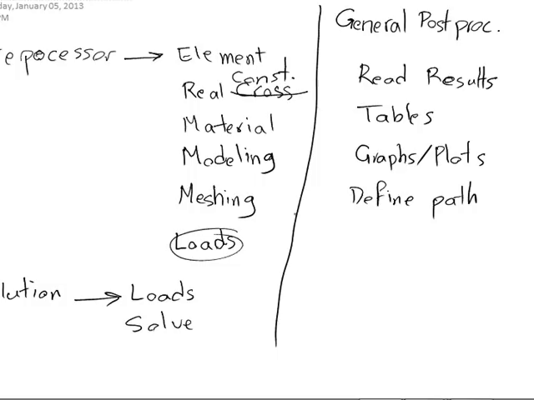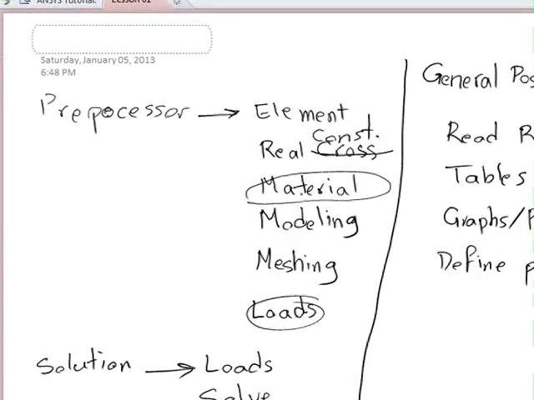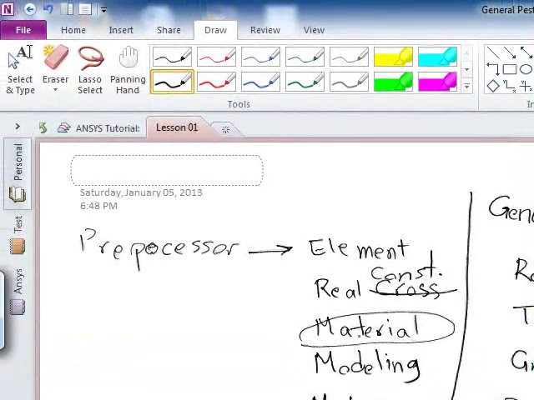And then the material. The material defines the attributes such as elasticity and Poisson's ratio for the material you're going to be modeling and analyzing in ANSYS.